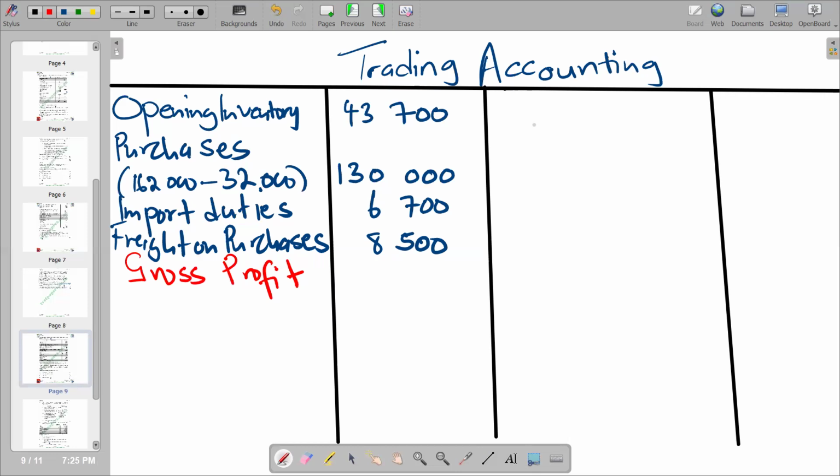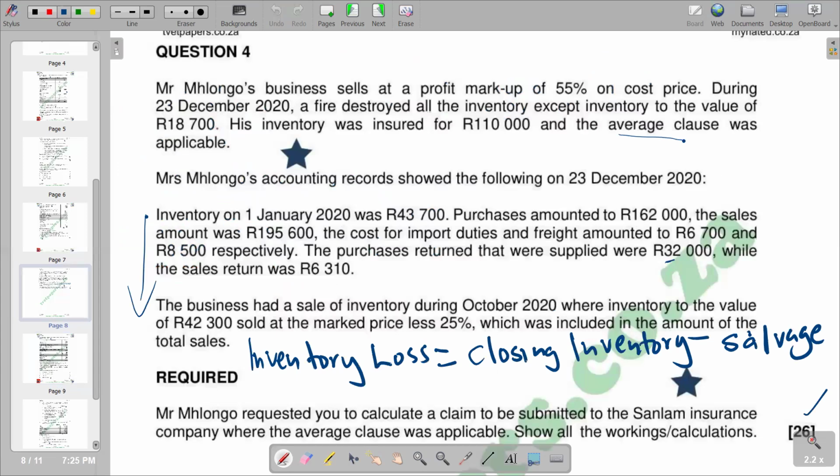So we go to the entries that are supposed to be on the credit side. On the credit side, we are supposed to have our sales. If you have sales returns, you put them on the debit side, or you can just calculate the figure for net sales, where we say total sales minus our sales returns. Going back to our question, the figure for sales is 195,600 and the sales returns are 6,310.